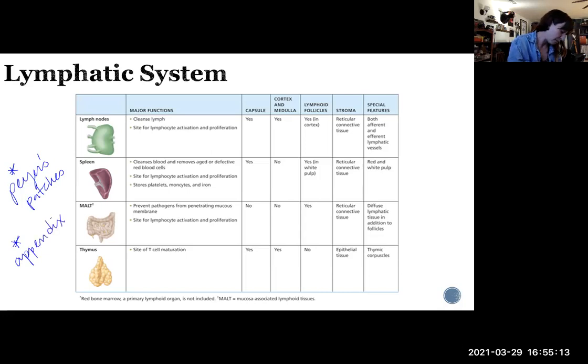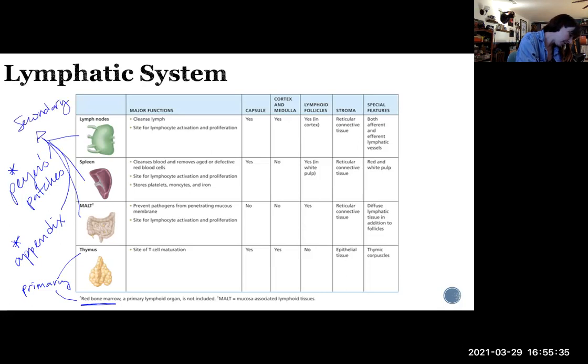Your red bone marrow, which is also considered to be your other primary organs, right? Whereas everything else are your secondary lymphoid organs. I hope that's not too awful. Sorry about that. All right.